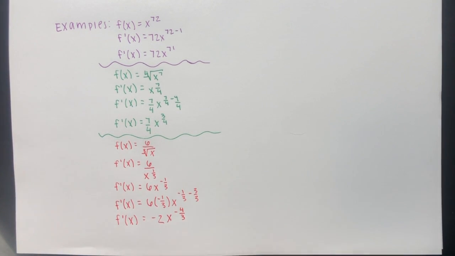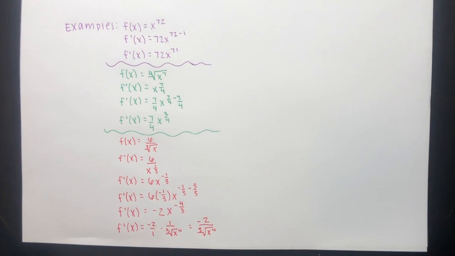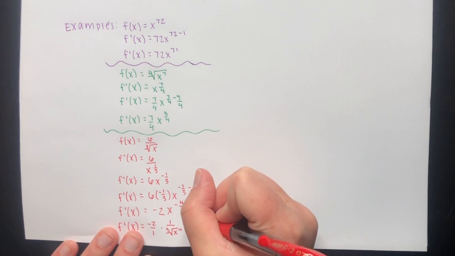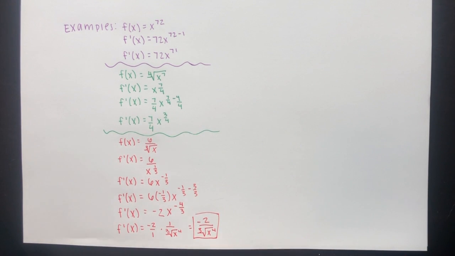So the derivative of f of x is equal to 6 over cubed root of x is negative 2x to the negative 4/3. One last final note, if we want to go ahead and simplify our derivative for our last example and get rid of that negative exponent, you go ahead and do that, and we come out with negative 2 over cubed root x to the 4th as our final answer.